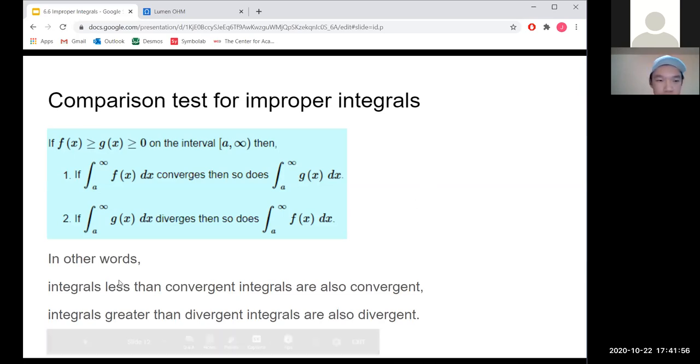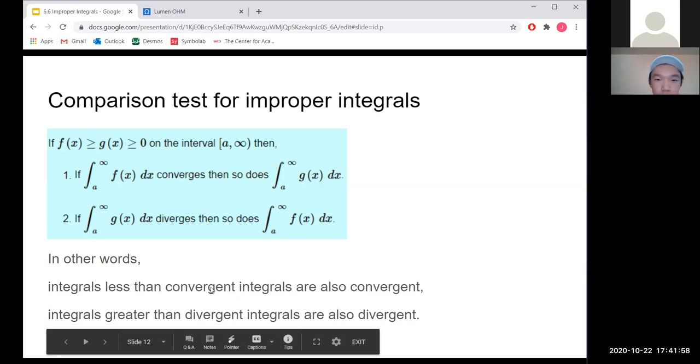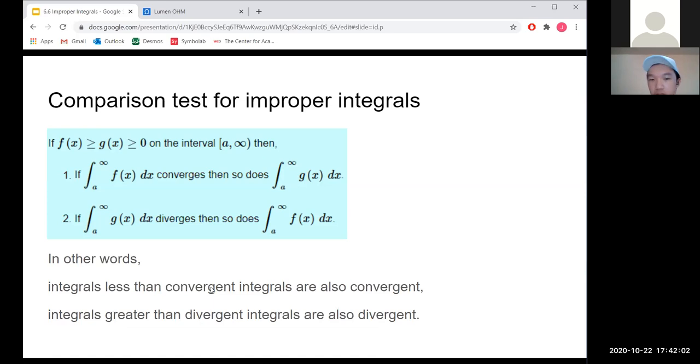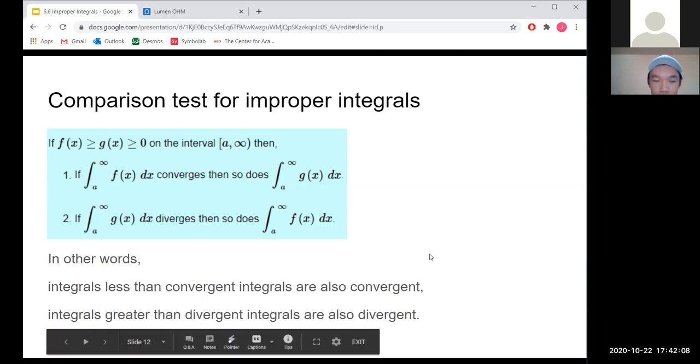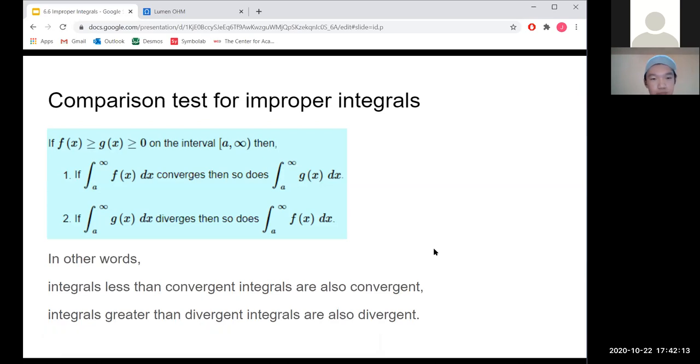Same with convergence. If you have a function that's convergent, so it's already a finite value, then any smaller integral will also have a finite value, which is also convergent. Hopefully that makes intuitive sense and you don't need to memorize this.